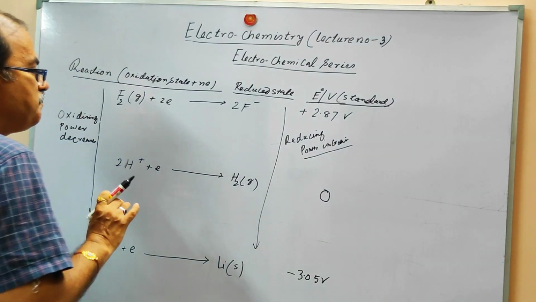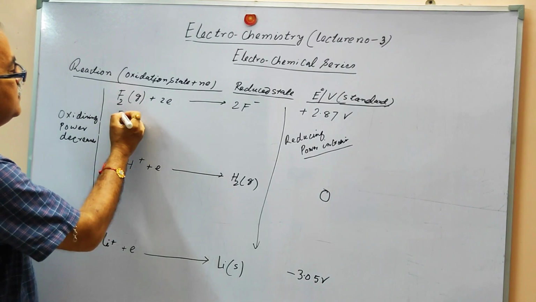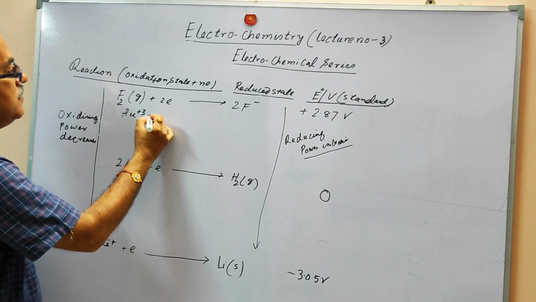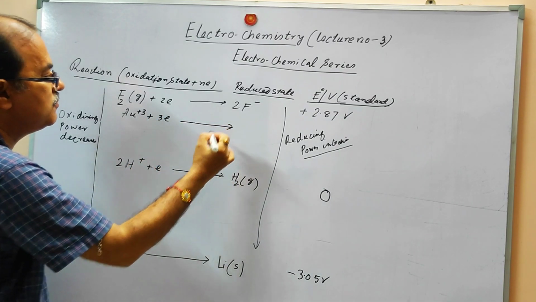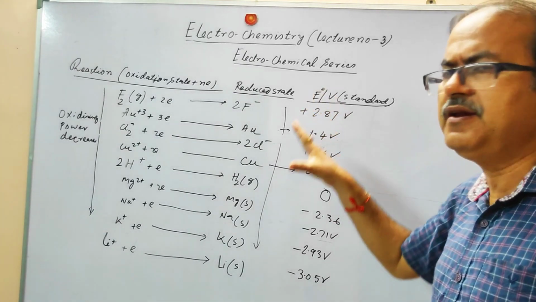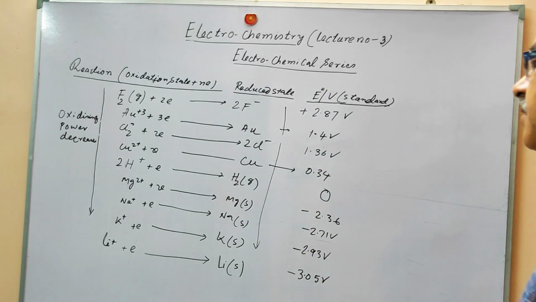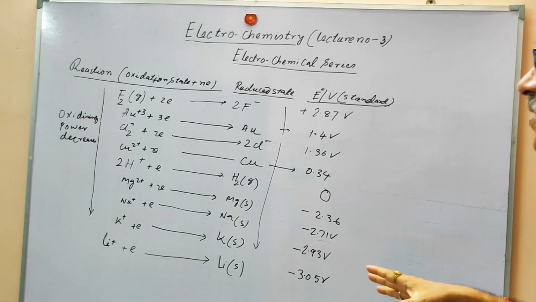You can also look at the elements in between. There are several elements you can see. Suppose this Au3+, that is gold, it has a reduction potential. This is a table where I have taken very limited species to understand this electrochemical series.